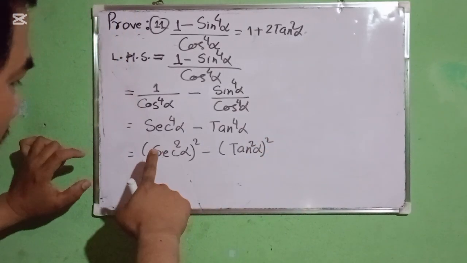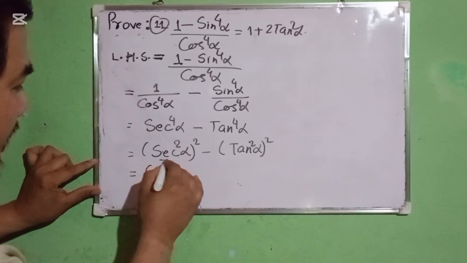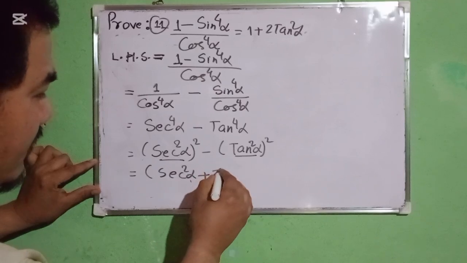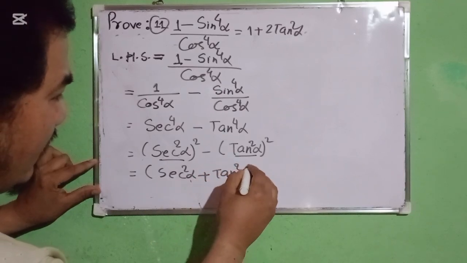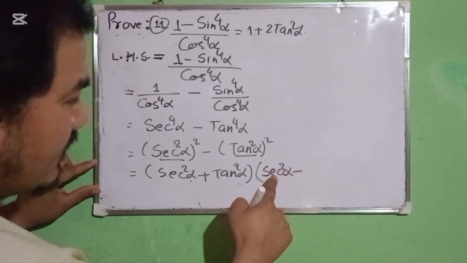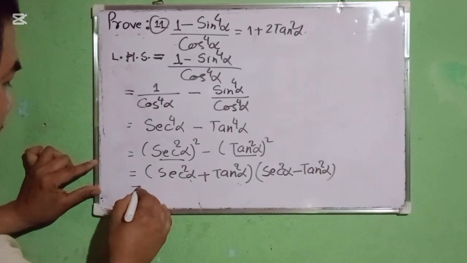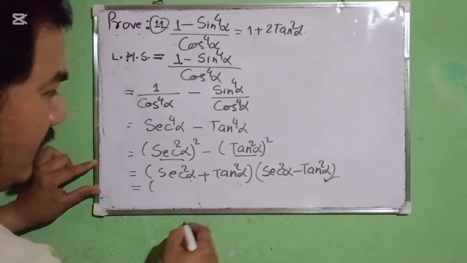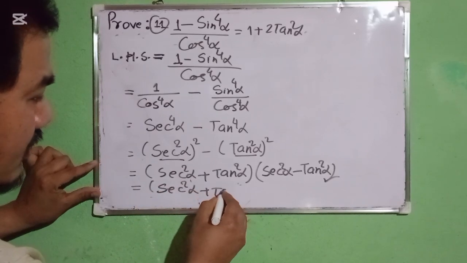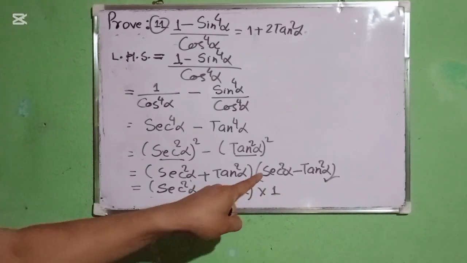Like this we make it in the form of a square minus b square, which is a plus b into a minus b. Here b is tan square alpha and a is sec square alpha, so sec square alpha minus tan square alpha, which we know is 1 in Pythagoras relation. This will be sec square alpha plus tan square alpha into 1.